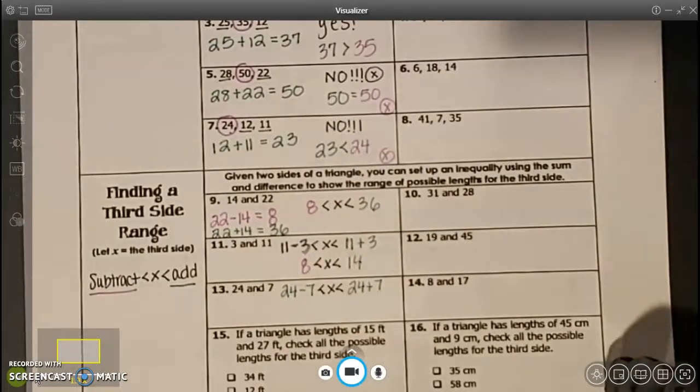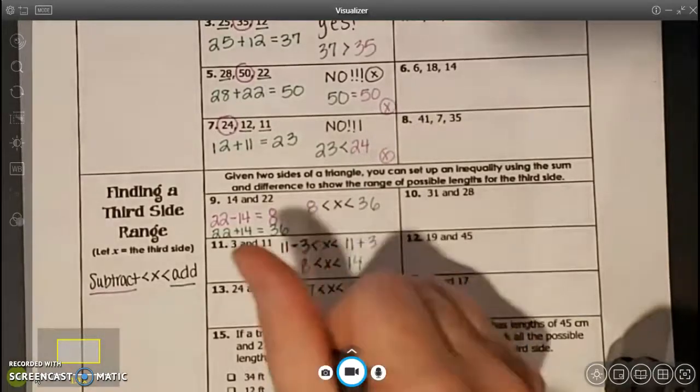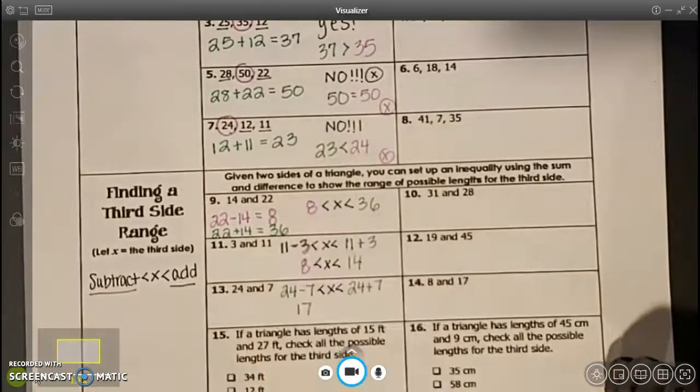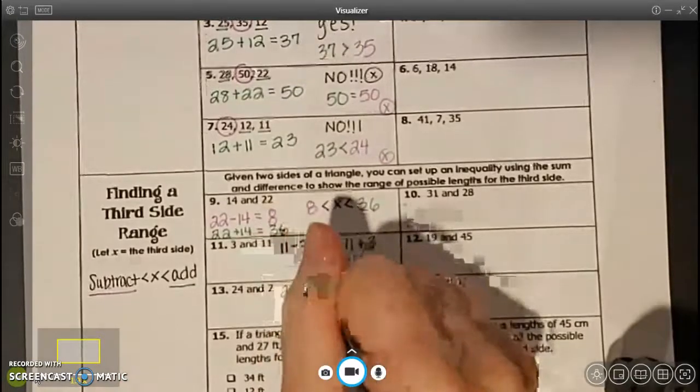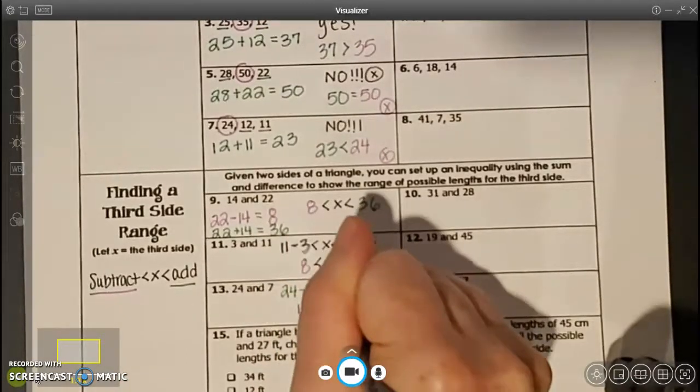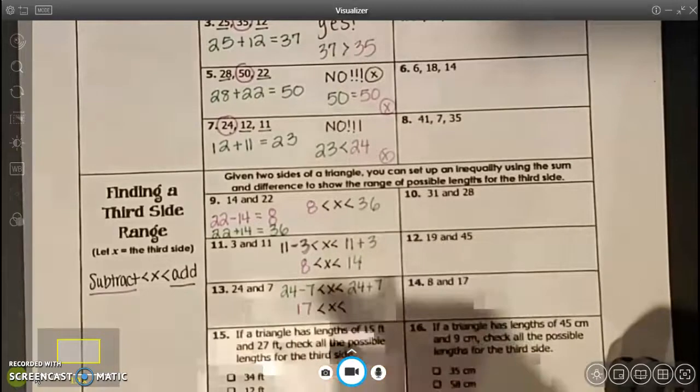And 24 minus 7 is going to be 17. X goes in the middle. 24 plus 7 is 31. And that's the range.